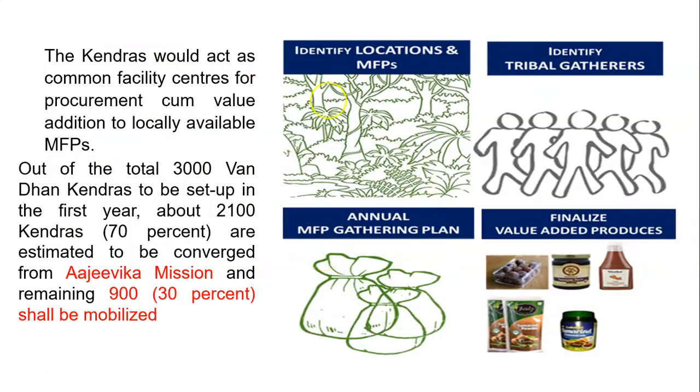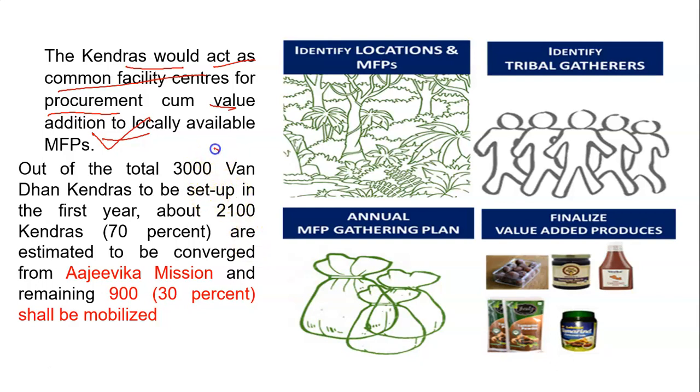Now, in this whole scheme, they are developing these Kendras, and these Kendras would act as a common facility center for procurement cum value addition to locally available minor forest produce.